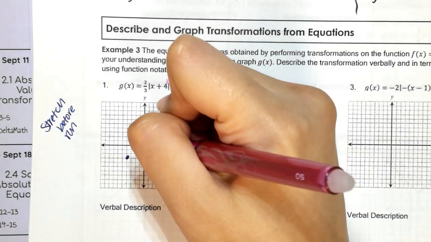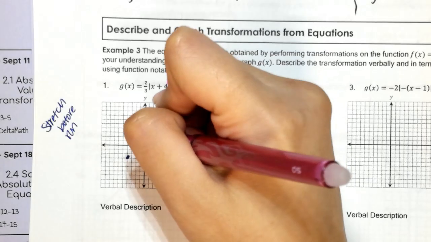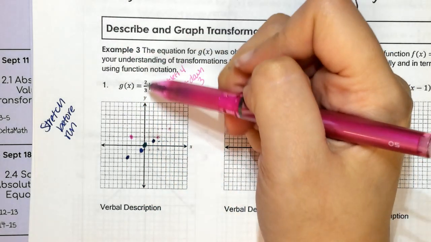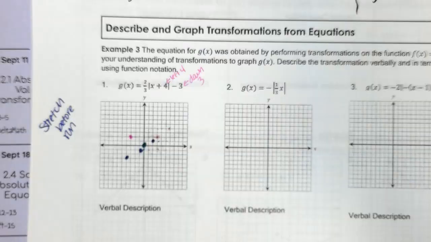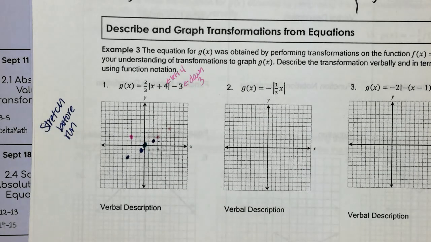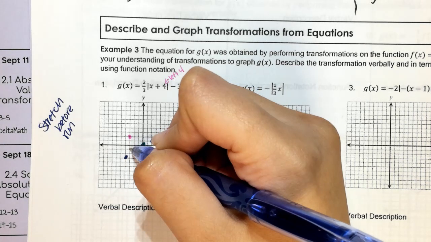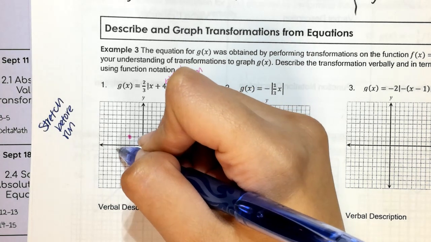I can also go up to left 3. And the 2 and 3 are the compression from here, so that's where I'm getting this point from my original parent function. And then we are going to go down 3, 1, 2, 3, left 1, 2, 3, 4.